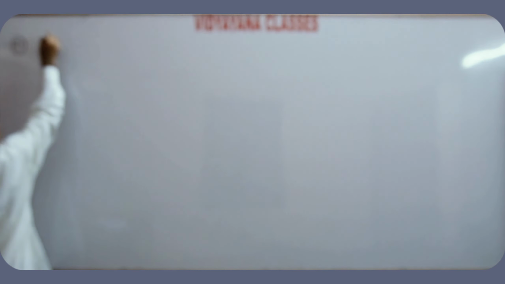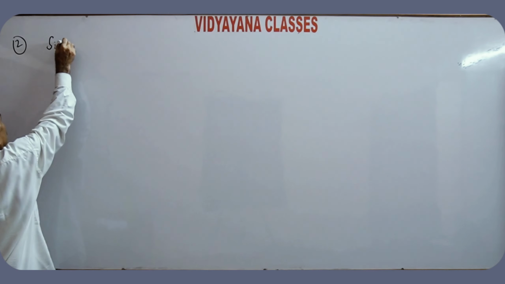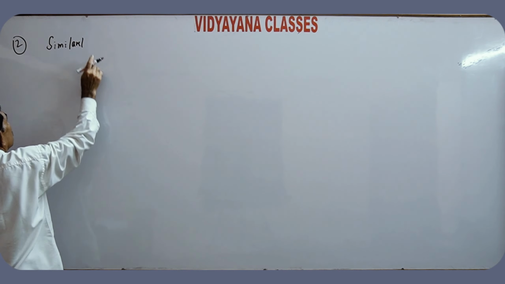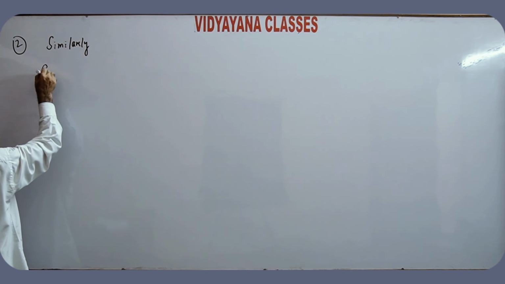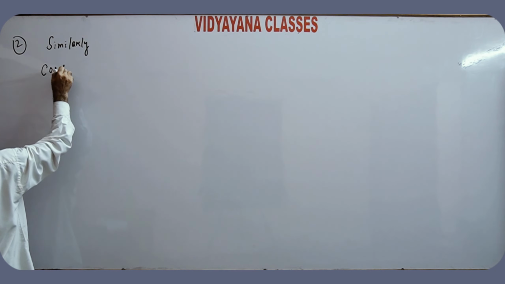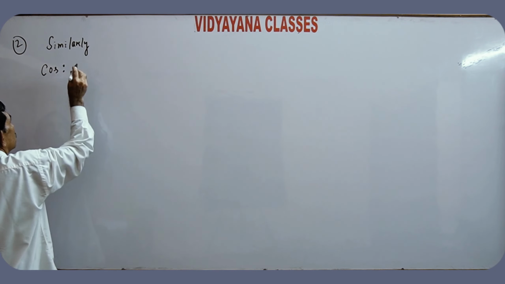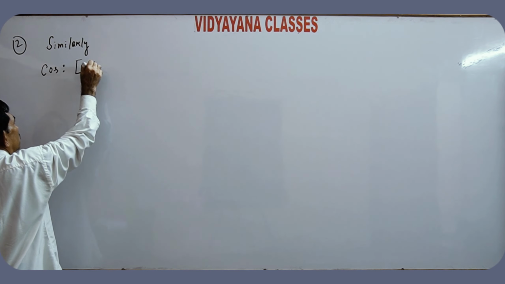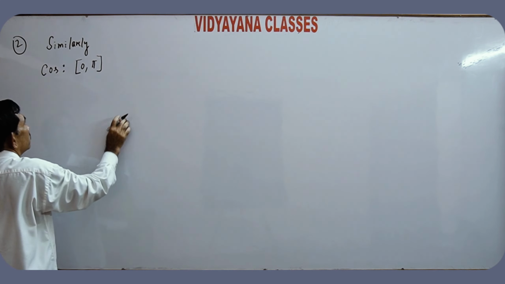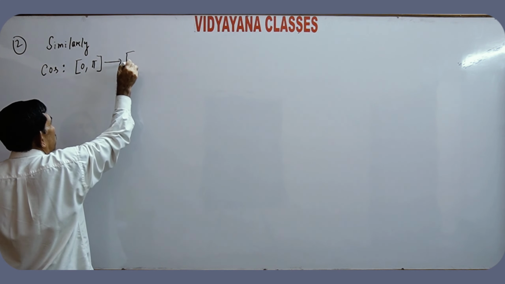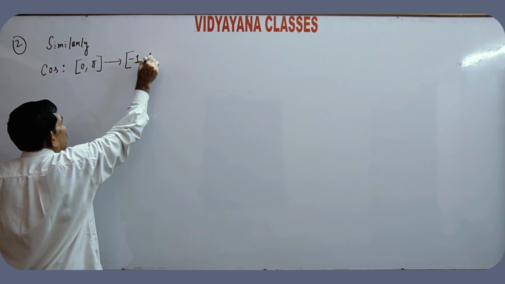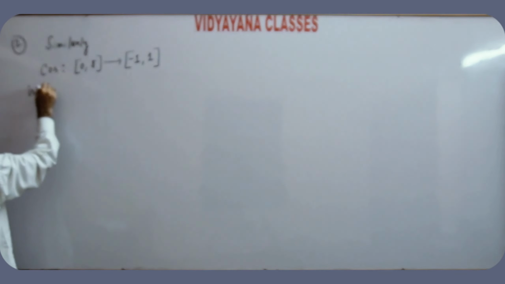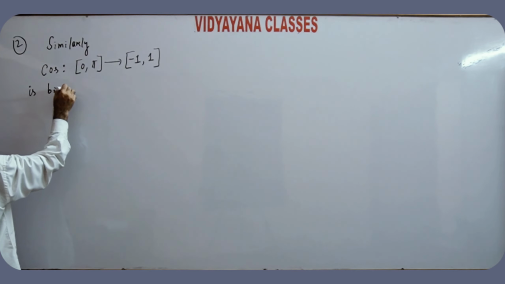Second, similarly, cos from [0, pi] to [-1, 1] is bijective.